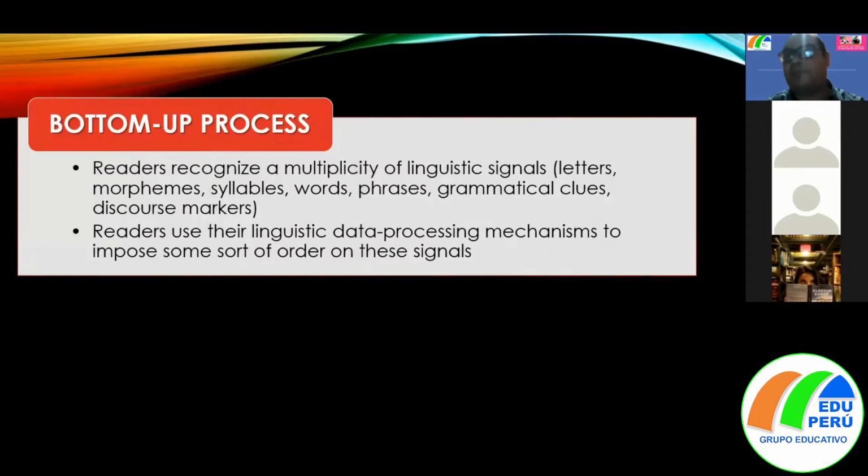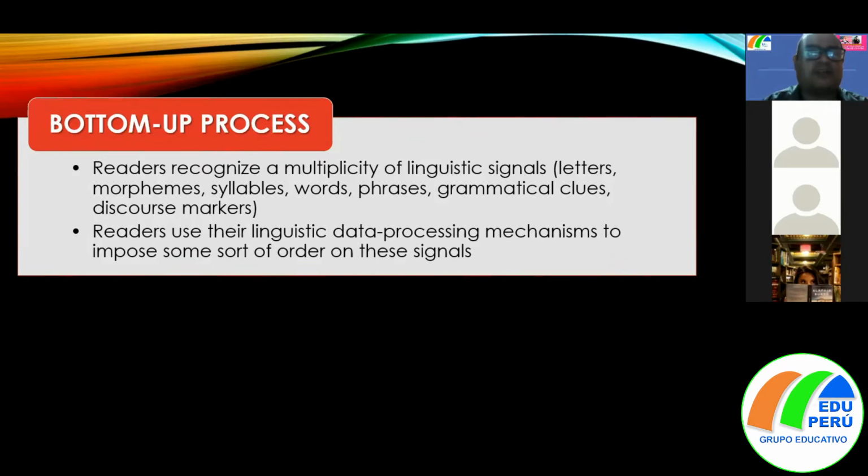Here in the bottom-up, remember what is involved in the bottom-up process? Readers recognize a multiplicity of linguistic signals, such as letters, morphemes, syllables, words, phrases, grammatical rules or clues, discourse markers, from the small units to bigger units. The smallest ones are letters or morphemes, syllables. Then with syllables, you make words. With words, you make phrases. With phrases, you make sentences.